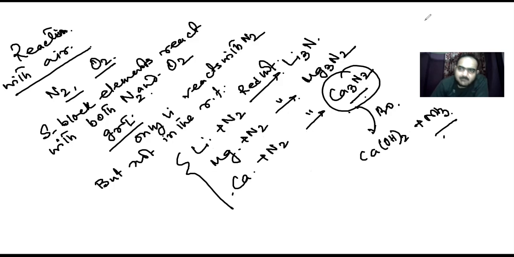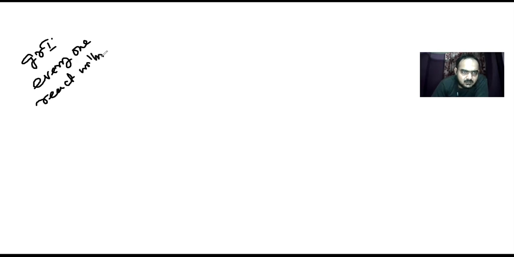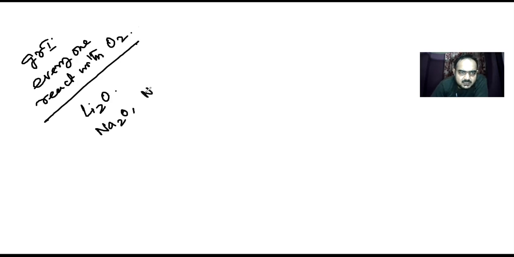And oxygen, everyone reacts with oxygen. In group 1, everyone reacts with oxygen, such as lithium forms monoxide, sodium forms monoxide as well as peroxide. It has a higher stability generally.